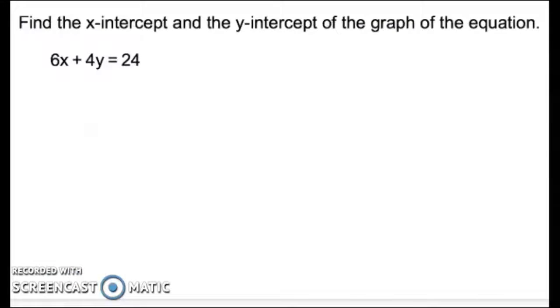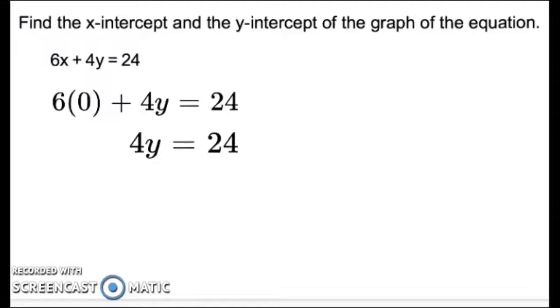To find the y-intercept, we substitute 0 in for x, and to find the x-intercept, we substitute 0 in for y. So let's do that. Substituting 0 in for x, I'll have 4y equals 24, divide both sides by 4, and y equals 6. So that's the y-intercept.